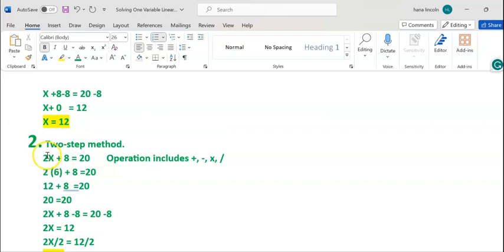If you see any number attached to x, it could be multiplication like in this case, or it could even be division. When there's a division or multiplication attached to x, we're going to use 2 steps. But if there's nothing, any number attached to the x, you don't use 2 steps, you use 1 step.